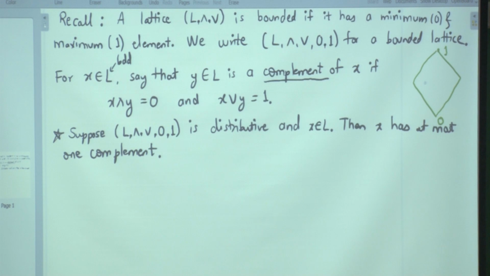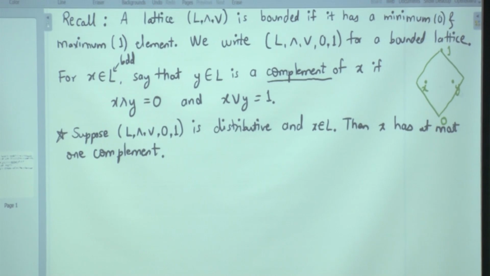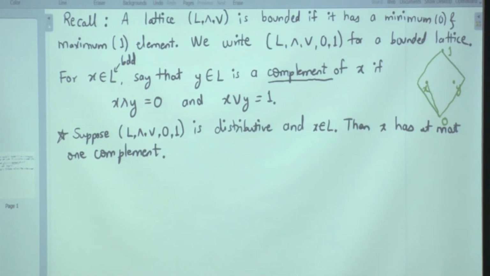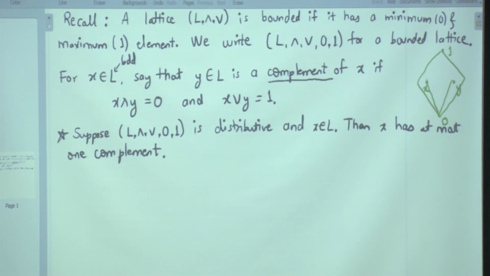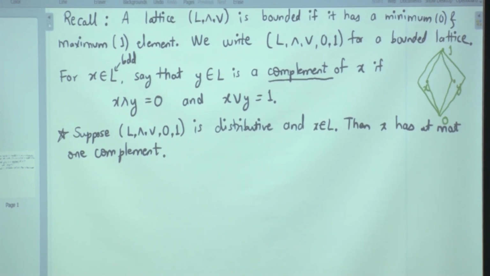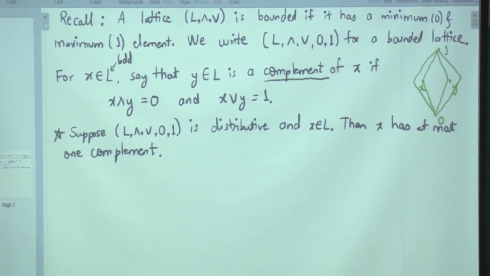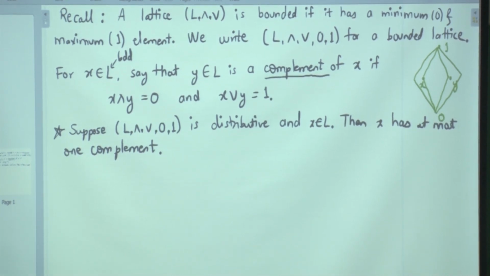Then x is an element here. So x and y, their meet, which means the greatest lower bound, is 0. There is nothing common below x and y except for the lowest element, and there is nothing common above x and y. So they are maximally apart. That's why it's called a complement.